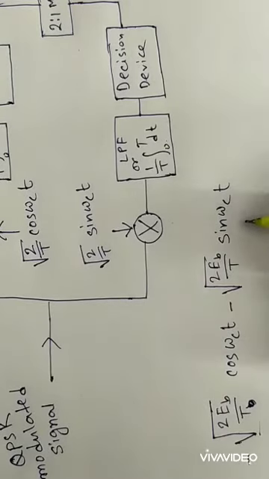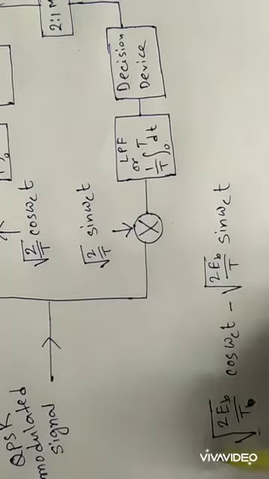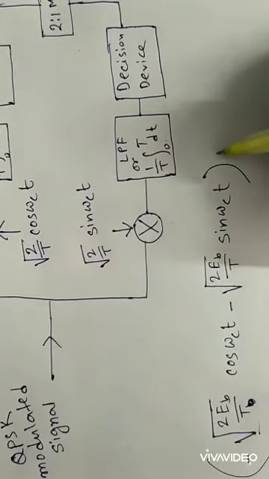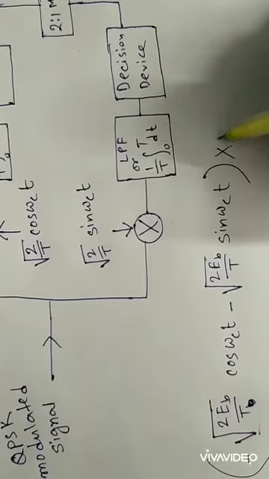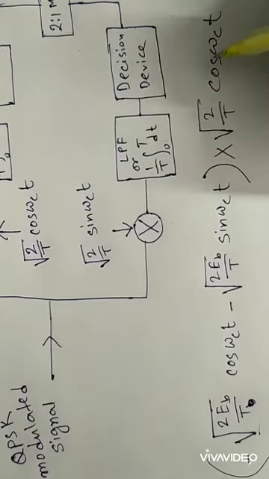And you can replace sin omega ct into cos omega ct as half of sin 2 omega ct, and you can replace cos square omega ct as half of 1 plus cos 2 omega ct.